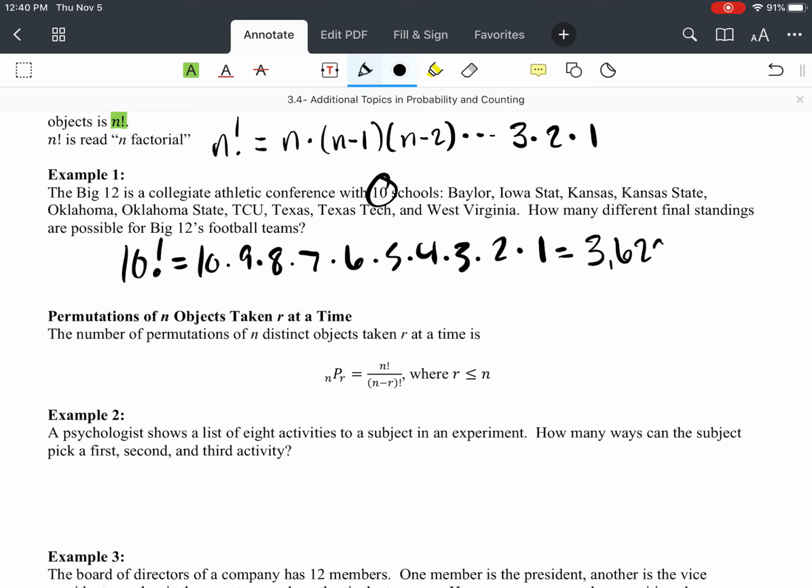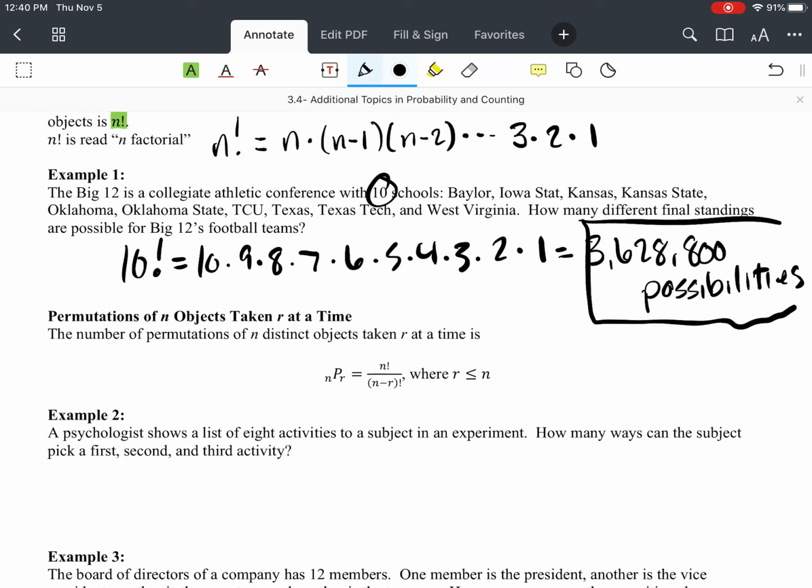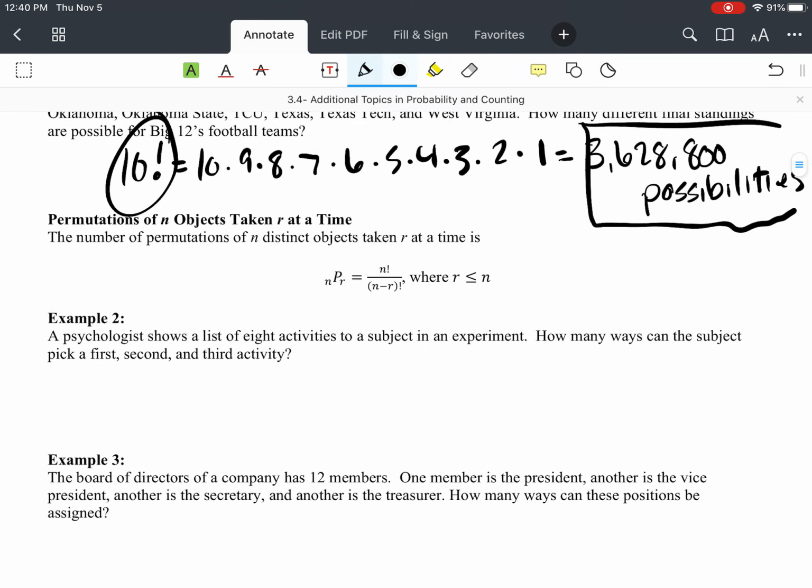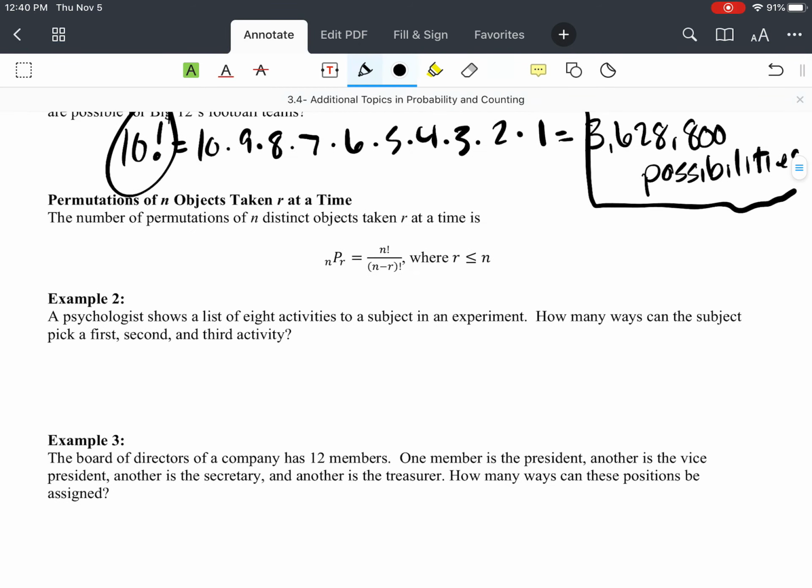When we multiply these out, we get a total of 3,628,800 possible rankings. Again, you're going to use your calculator for this. In class, I'll show you how to do this strictly using your calculator.